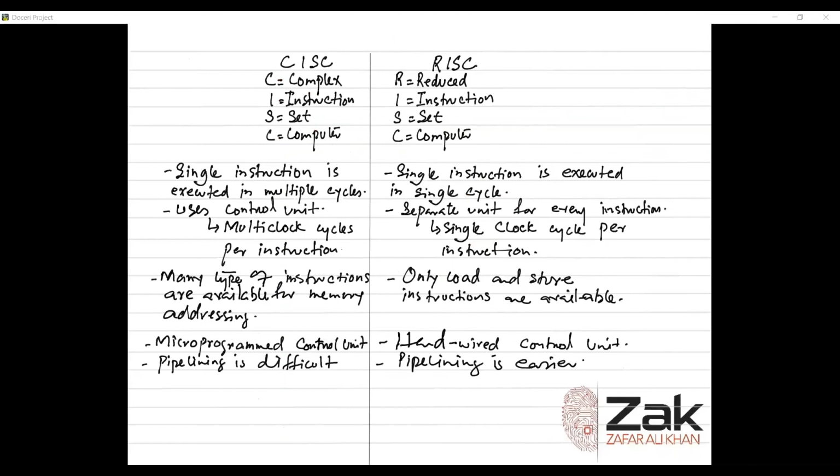All right. And then uses control unit. I did explain it that CISC has got a control unit that does multi-clock cycles per instruction to complete the execution of the program, whereas in RISC, there are separate units for every instruction, and a single clock cycle per instruction is used.